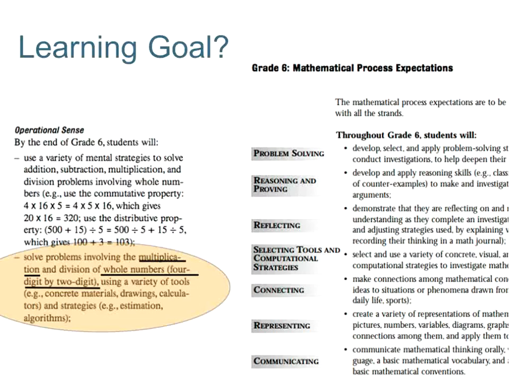The other thing to think about, normally when I'm planning my whole unit, my learning goals early in the unit are going to be more about the content, so the operational sense expectation. As students build that understanding through lessons that really focus on that part of the math, towards the end of the unit, I refine their thinking or their communication of these ideas by having a process learning goal.